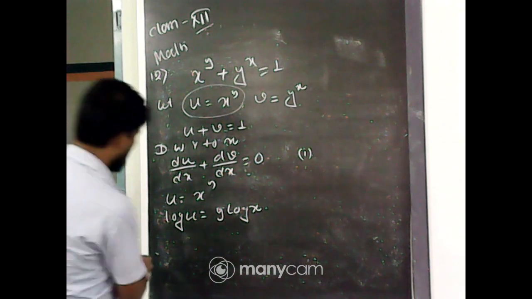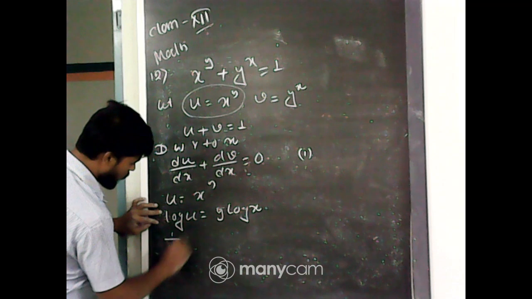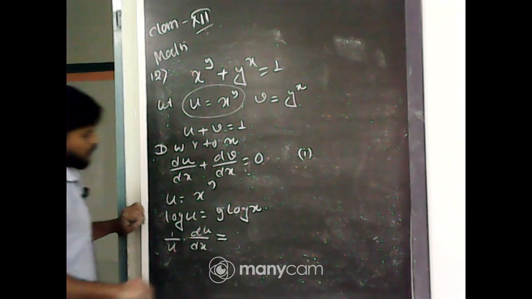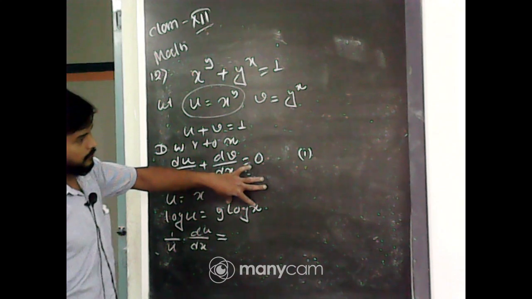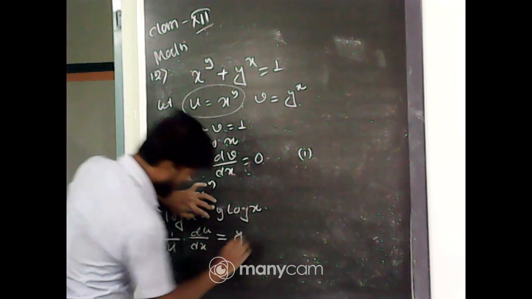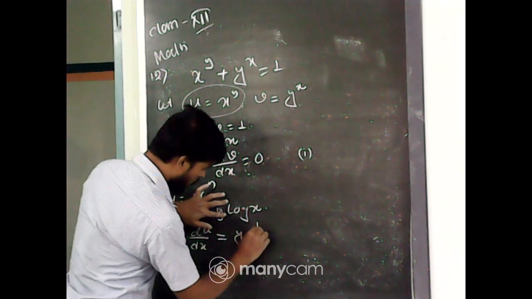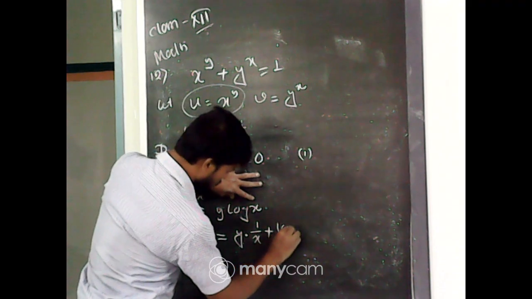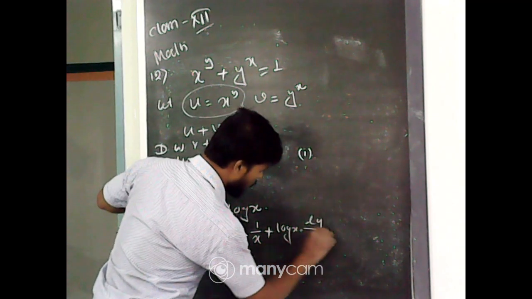Okay, I'm doing it myself. Differentiating with respect to x, we have 1 by u into du/dx is equal to... Now look, this is actually the product of two functions, one is y and one is log x. So if I differentiate, keeping the first function y fixed, into the derivative of log x, and we know the derivative of log x is 1 by x, plus now make the second function log x fixed, into the derivative of y with respect to x, which is dy/dx.